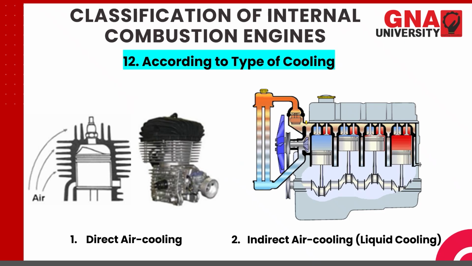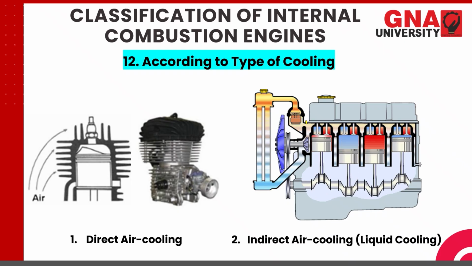The air flows through the fins and carries away the heat. The movement of the vehicle causes the air to flow in between the spaces provided in these fins. This cooling is called direct air cooling.